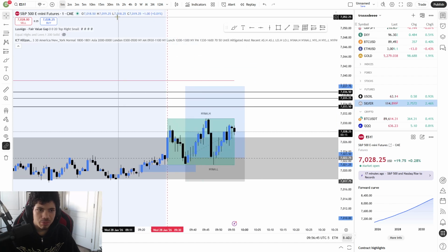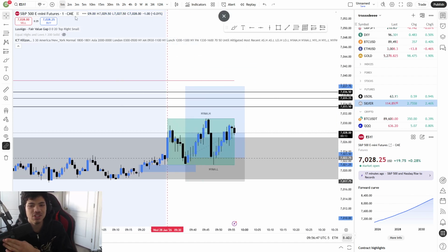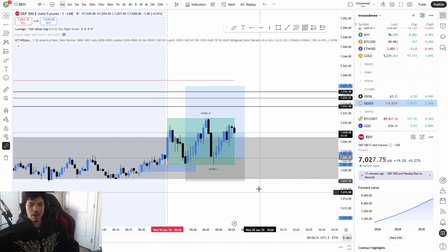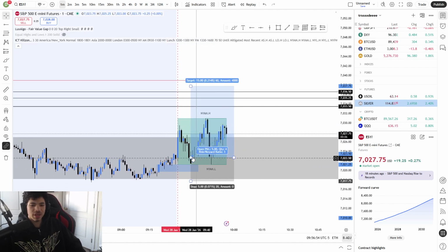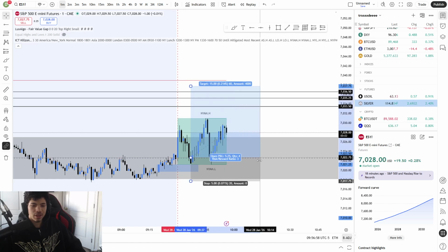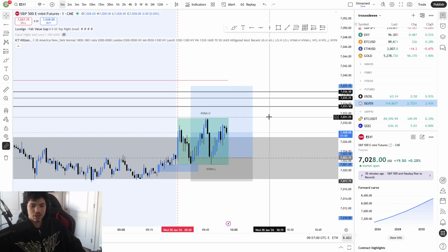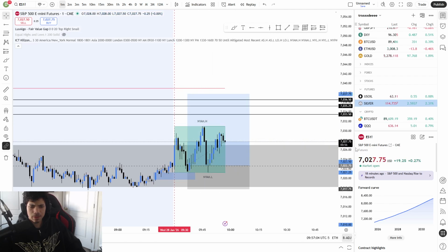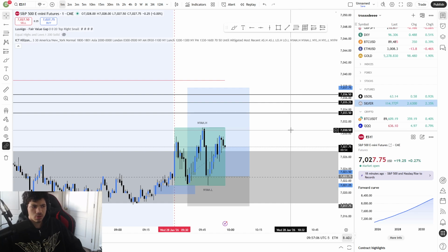There's no positive confluences. I'm not seeing anything. Yeah, we have this London high up here, but I don't think it's... Dude, it's barely breaking out of our range. And it's just constantly retesting midpoint. Yeah, I'll set take profit at this high.